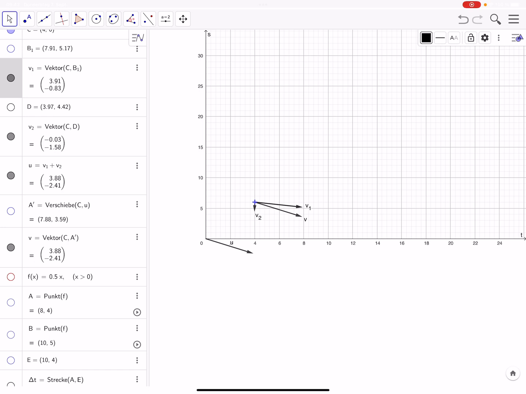So once again, we are moving with v1 in a certain direction, but the wind is blowing in a different direction with a different speed. That also makes us move in that direction. So the resulting velocity is the sum of these two vectors, and this will be the vector v.